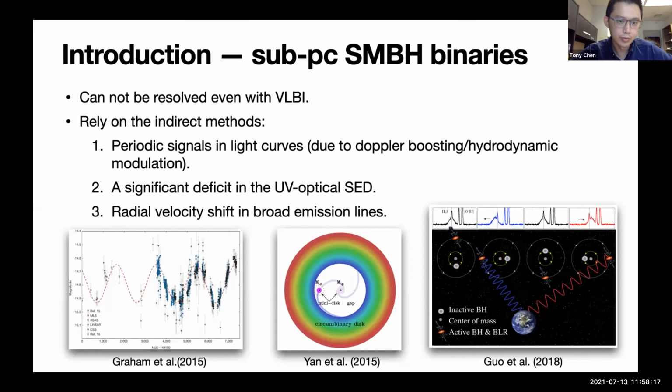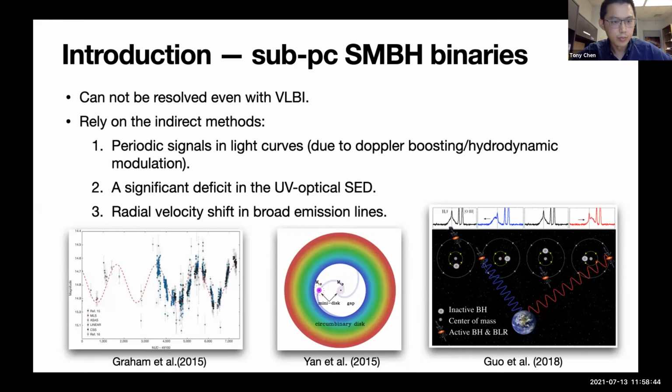Or we can use the SED of those binary black hole systems. If the binary forms two mini disks and also a large circumbinary disk, there will be a gap between those mini disks and the circumbinary disk. Those gaps will contribute a deficit in their UV to optical SED.